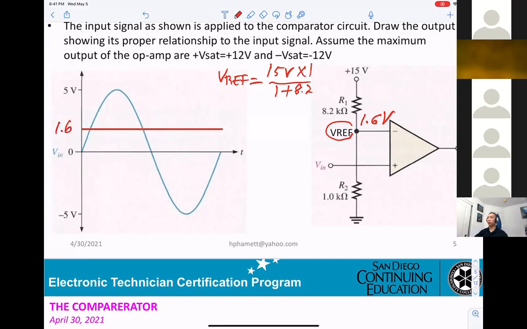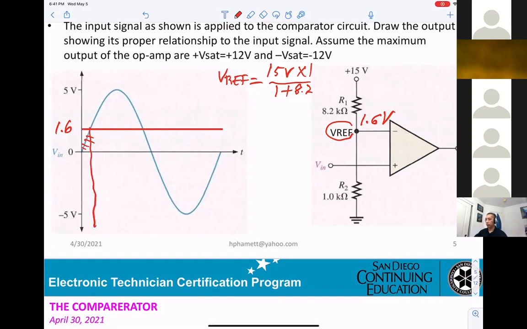Okay. So now, this is less than the reference. That means positive is less than 1.6. So what does the output equal? Minus saturation. Perfect.